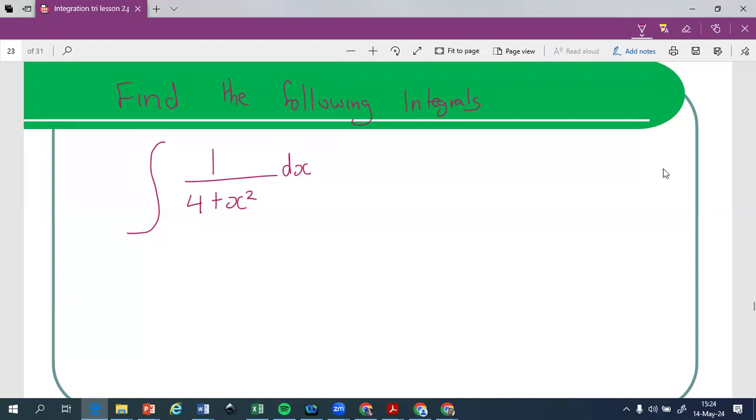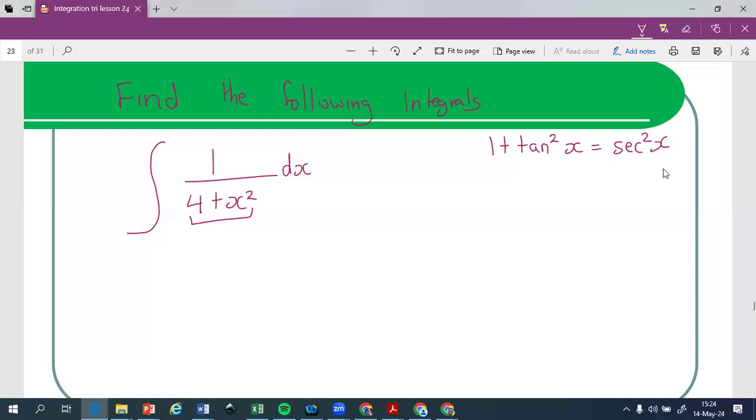But what identity am I going to use? My identity is 1 plus tan squared x is equal to sec squared x. I don't want you to cram. The first thing you always do is to ensure that what you have in your denominator can yield a 1 plus something.